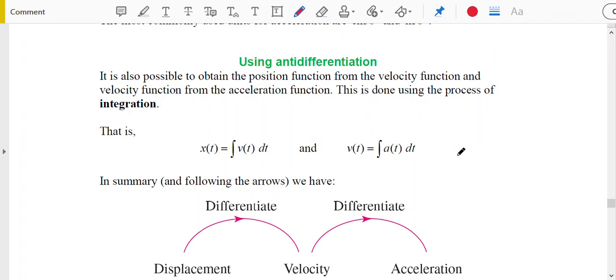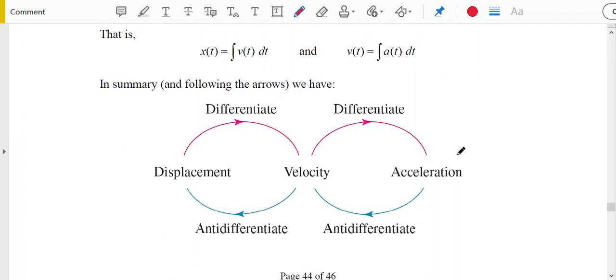Okay. So here's a little diagram that shows you when you'll need to differentiate and anti-differentiate when you move between the three functions: displacement, which is x, velocity, which is v, and acceleration, which is a. So if you need to go from displacement to velocity, follow the pink arrow here, which means you should differentiate.